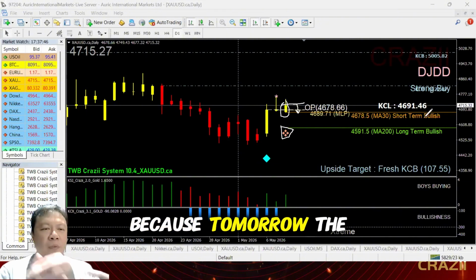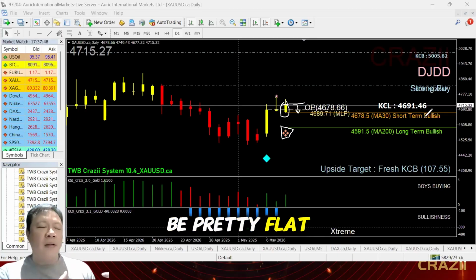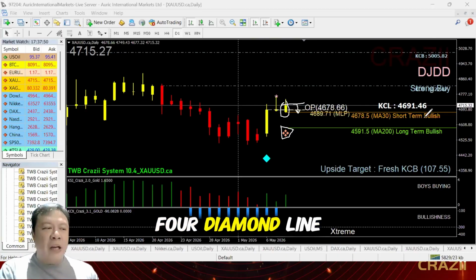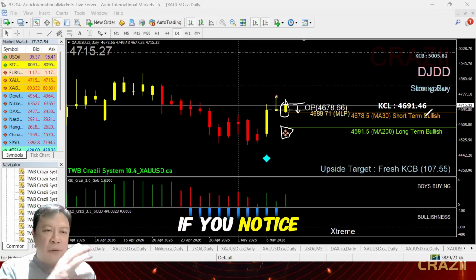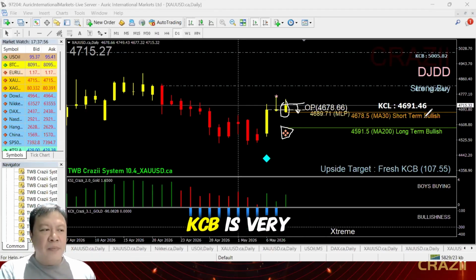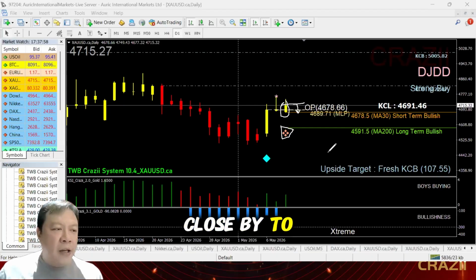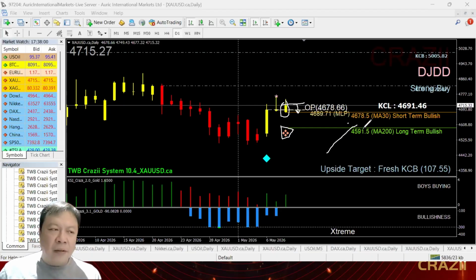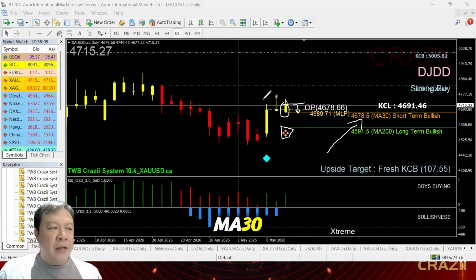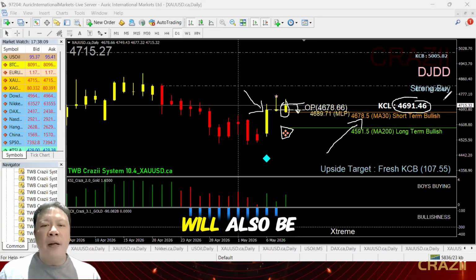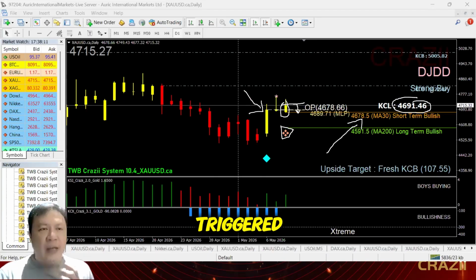Because tomorrow the opening price will be pretty flat, and if it goes below the 4 diamond line, that will be a sell. And next, if you notice this, the yellow candle KCB is very close to the MA30. Which means that if the market goes below the MA30, the KCL that is over here, 4691, will also be triggered.